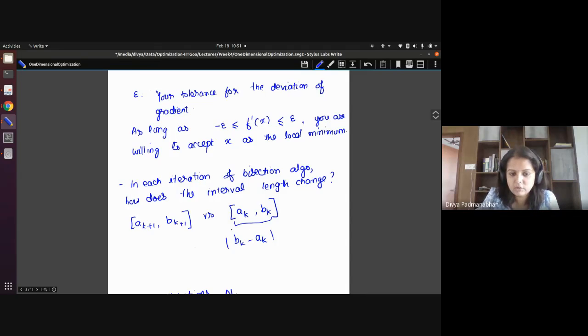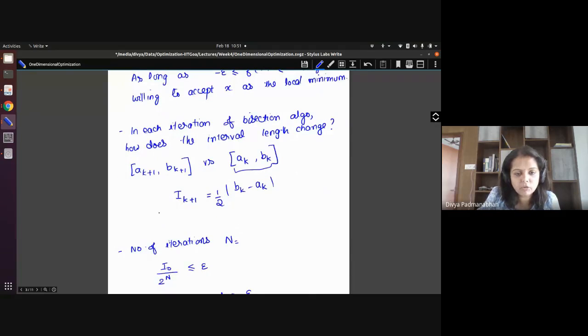What about the interval length at k plus 1? It is half of this. At every step the interval size is reducing by half. So if you initially started off with an interval of length I naught, the next one becomes I naught by 2.